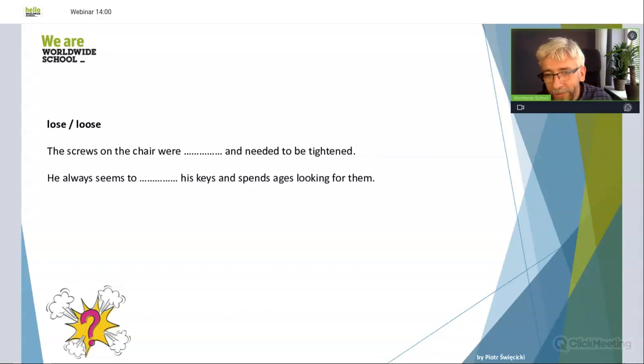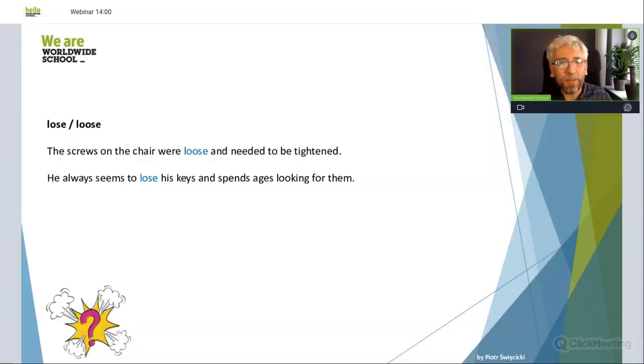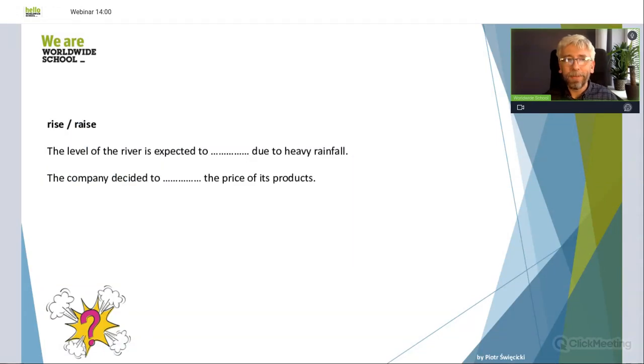Let me check. Loose. Yeah. Exactly. The screws on the chair were loose and needed to be tightened. And he always seems to lose his keys and spends ages looking for them. Yeah. He's just like me, I guess.